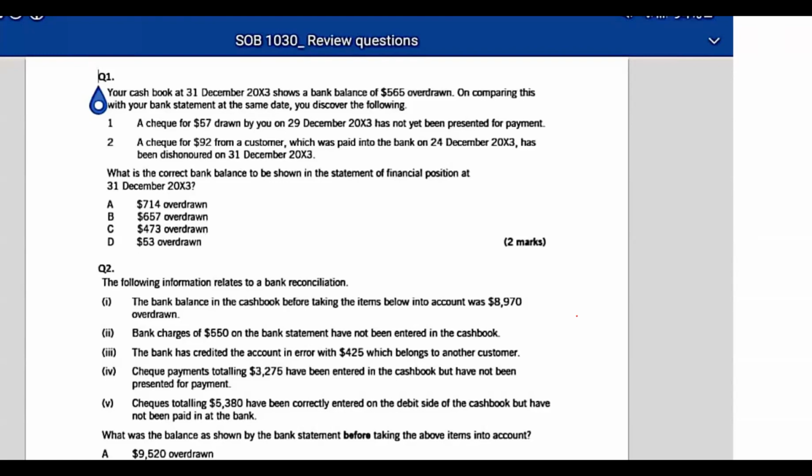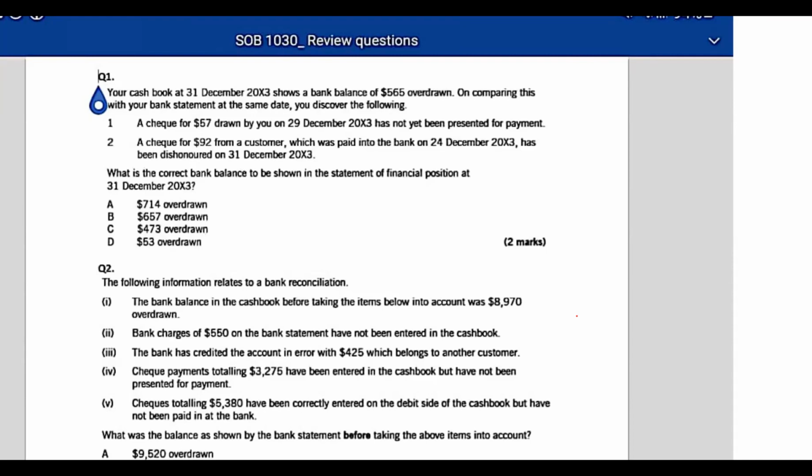On comparing this with your bank statement at the same date, you discover the following: that a check for 57 drawn by you on 29th December the same year has not yet been presented. This is an unpresented check, in short.